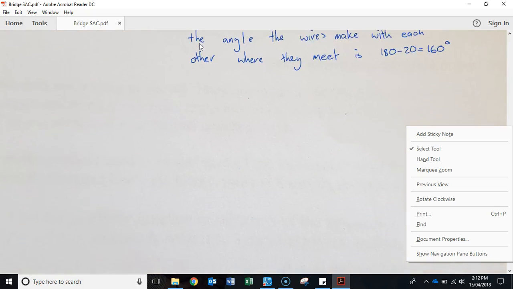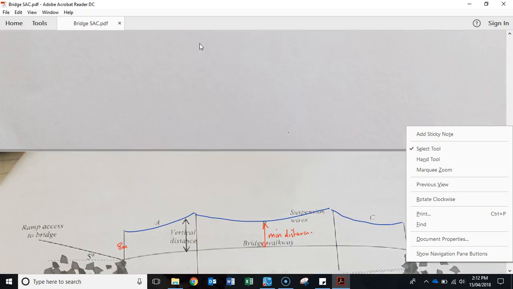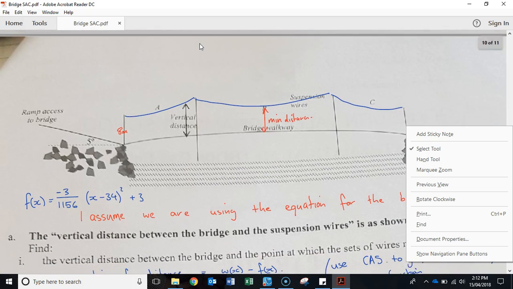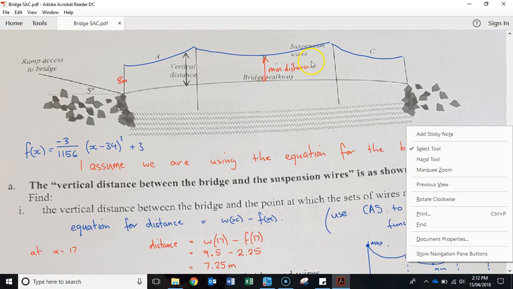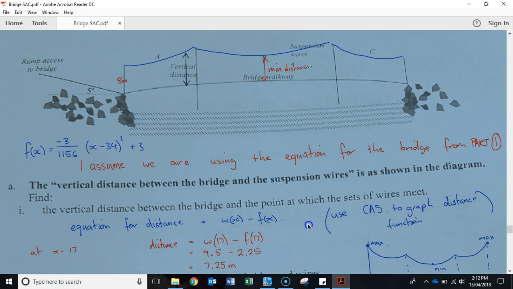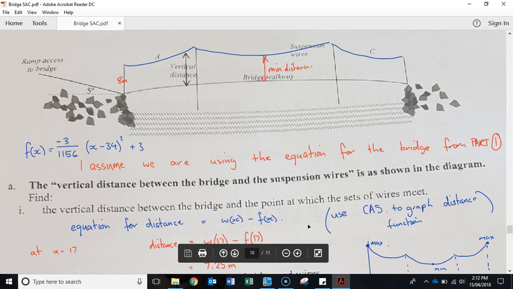Okay, so the next part was a bit weird. Oh no, this part was good. It was the next part. It was the part after that was weird. So we want to find the vertical distance between the bridge and the suspension wires.